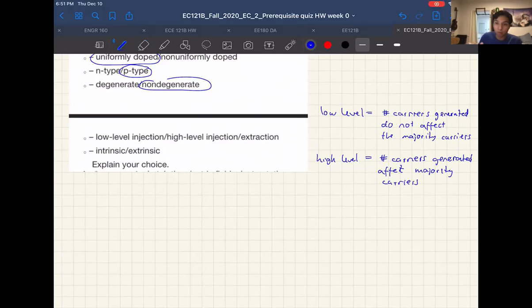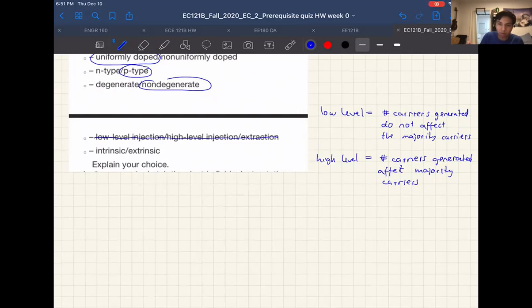If you increment so much that the majority carriers will increase. It's not like to a million add one, still a million, but to a million add half a million, it's significant. That's how I like to see it. Low level injection, you're adding ones, twos, threes, versus high level injection, you're adding big quantities, so it makes a change. But I don't think that's too important.